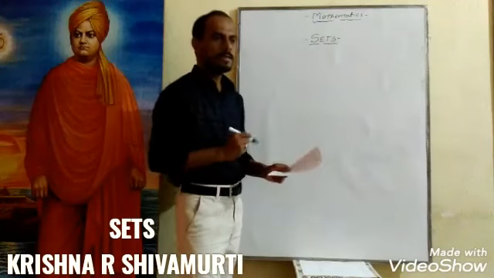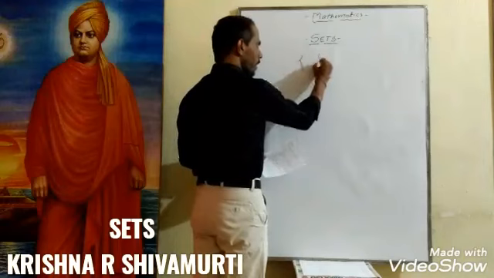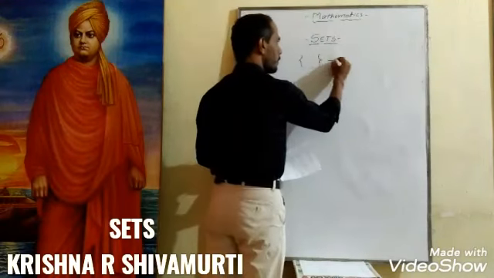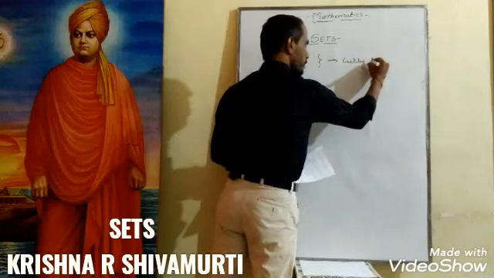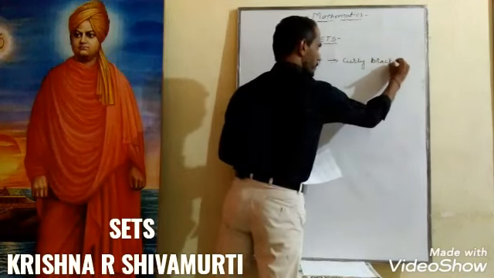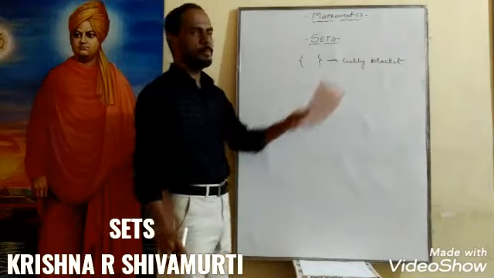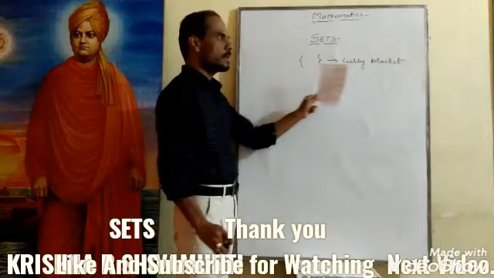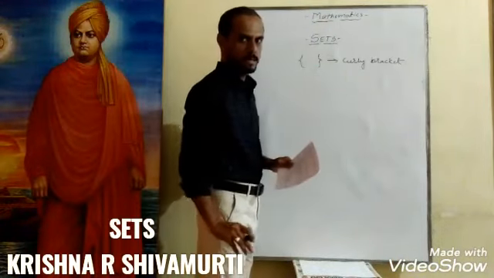The set is represented by curly brackets, or generally we call it flower brackets, also called braces. Using the curly brackets or braces, we represent the set.